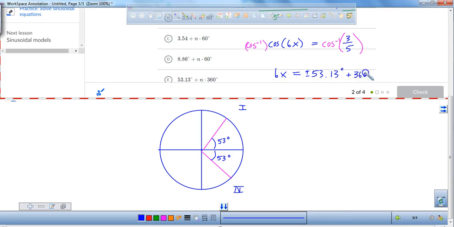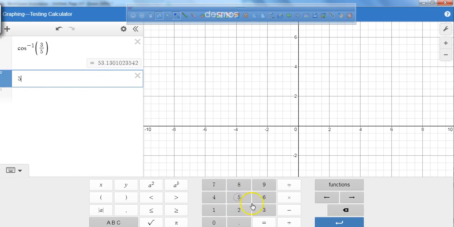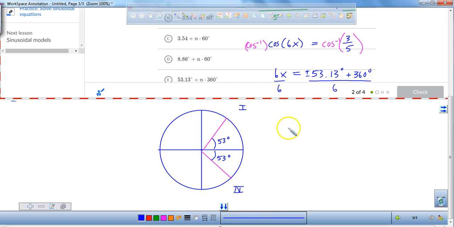And then from there, I could add 360 degrees to this over and over again, and then multiply it by an integer. So when I divide everything by 6, I'm going to take that into consideration. I take 53.13 divided by 6, and I get 8.855. So I'm going to say x equals plus or minus 8.86 degrees, and then 360 divided by 6 is 60, so I'll put 60 degrees times my value of n.